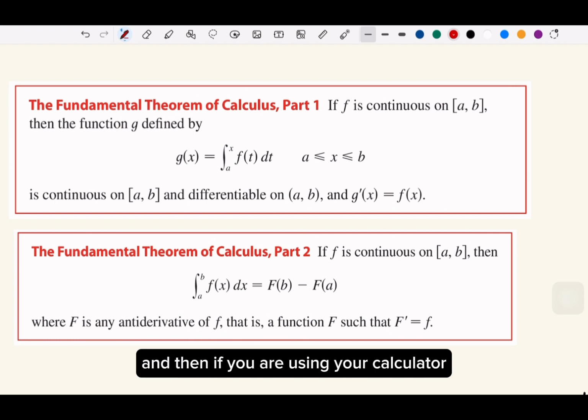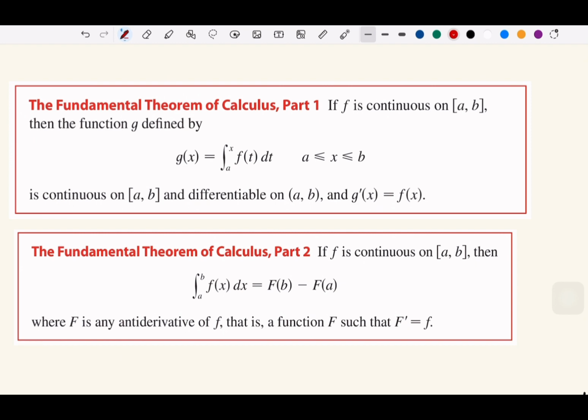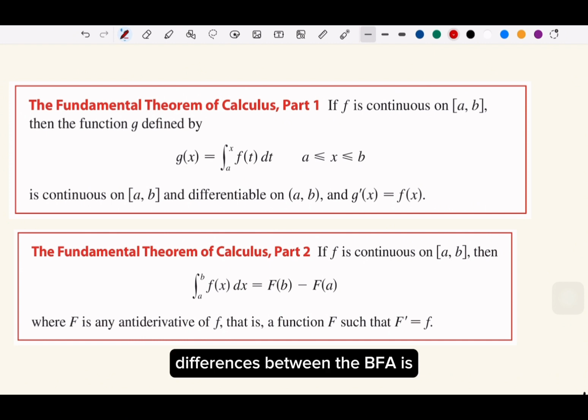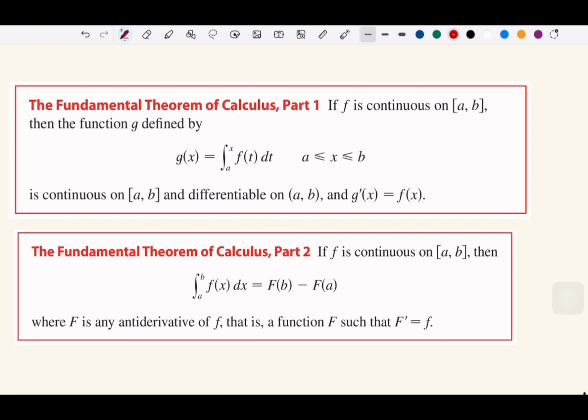If you are using your calculator, you can set up the numbers and compute the integration.